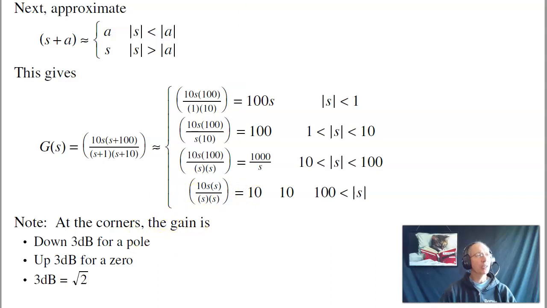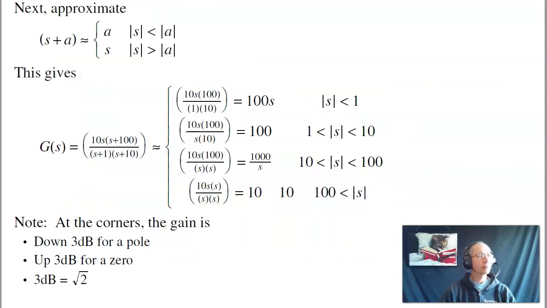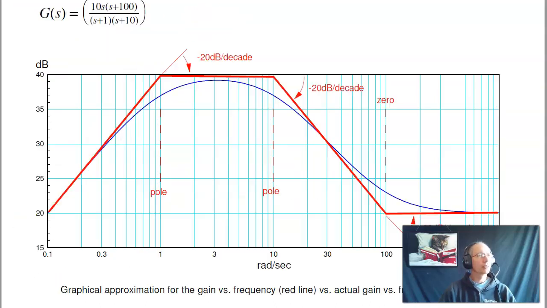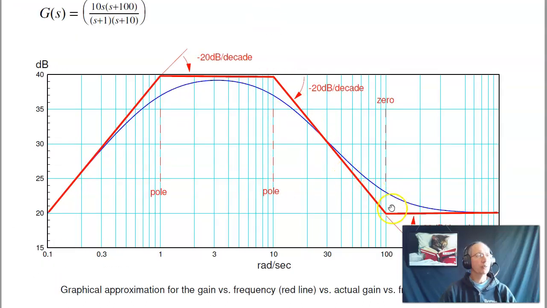So when I plot these, what I get are these red lines, the straight lines. G of s is just a constant, or 100s between 0.1 and 1. It's 100 between 1 and 10. Then 1000 over s, and then 10.